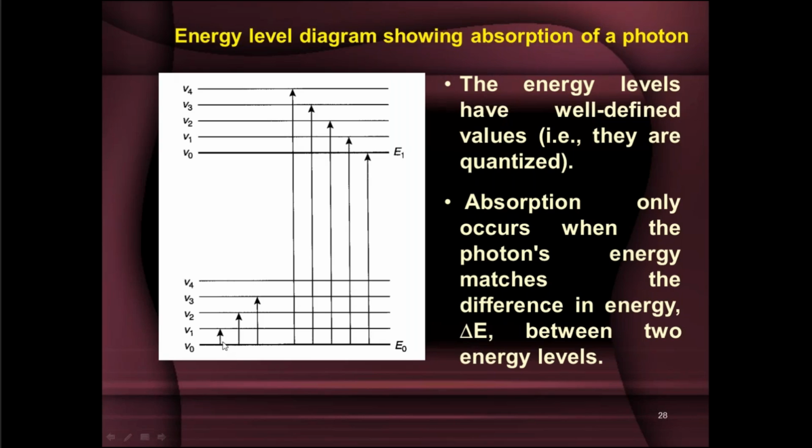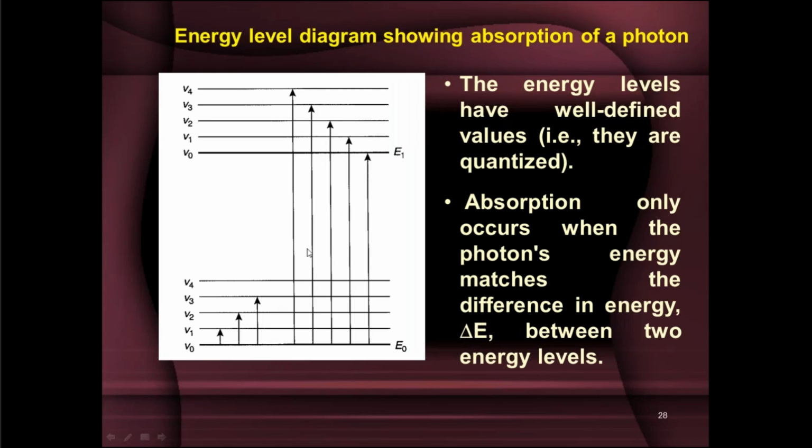So this is a difference between two energy levels, this is also a difference, this is also a difference. A photon that has energy equal to V1 minus V0 can be absorbed, V2 minus V0 can be absorbed, V3 minus V0 can be absorbed.